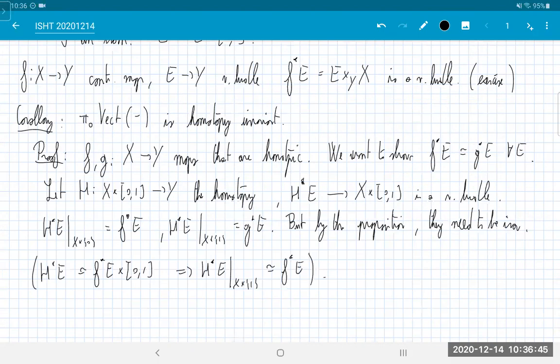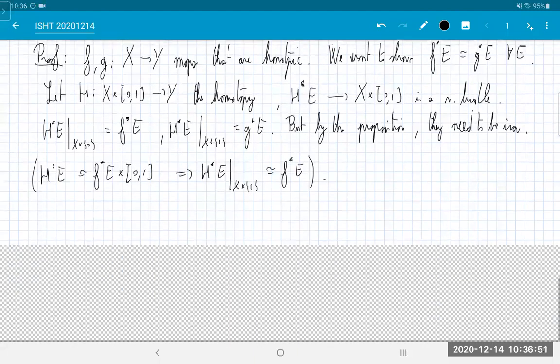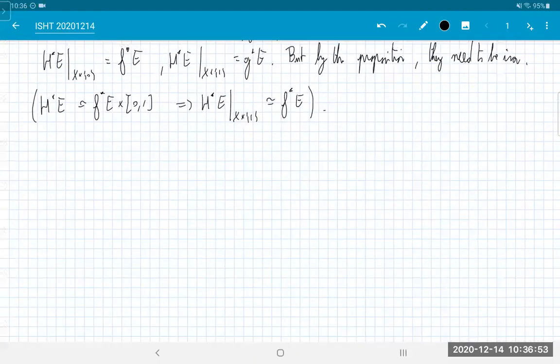Could you maybe explain explicitly what you mean by vector bundle times interval? Yeah, sorry. What I mean is, I mean both literally. If I have a vector bundle E' over X, I can just take E' times [0,1] over X times [0,1], and that's a map.